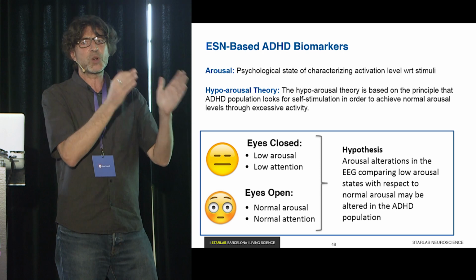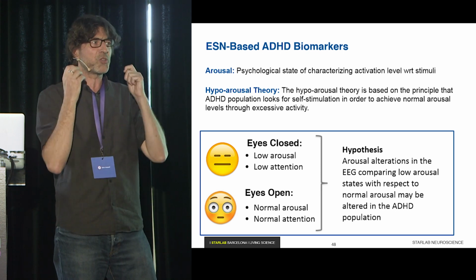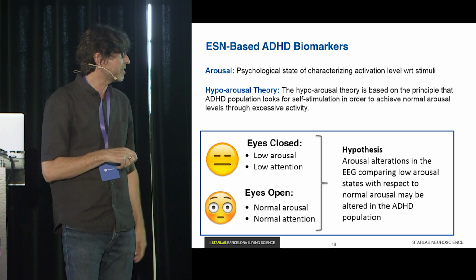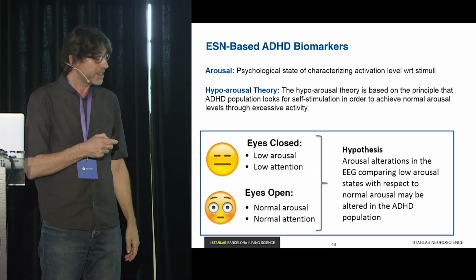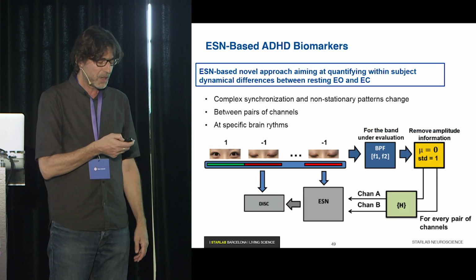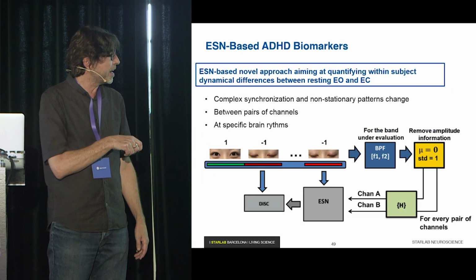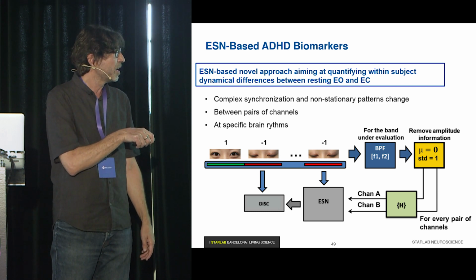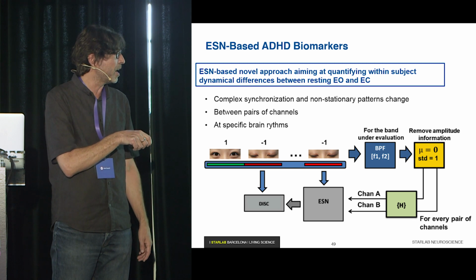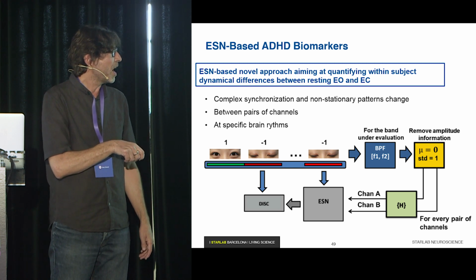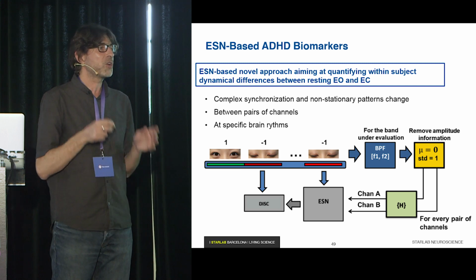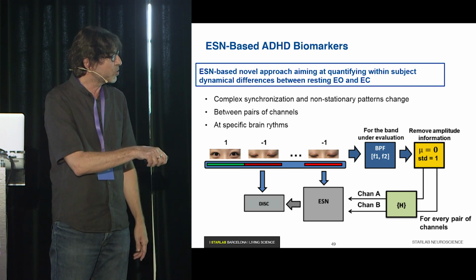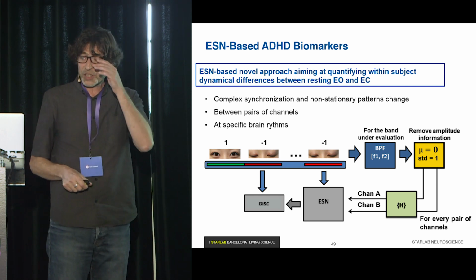We have intervals where the children are closing their eyes, while we measure the electrical activity, and other intervals where the children are opening their eyes. We use the Echostate network to find out which are the intervals in which the person is opening their eyes and which are the intervals in which they are closing their eyes. And we use the performance measure as a measure of the connectivity of the generalized synchronization between 2 channels in the EEG.